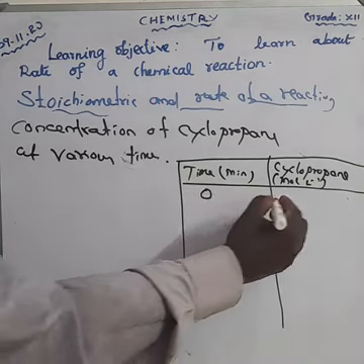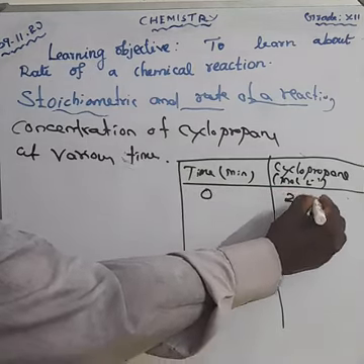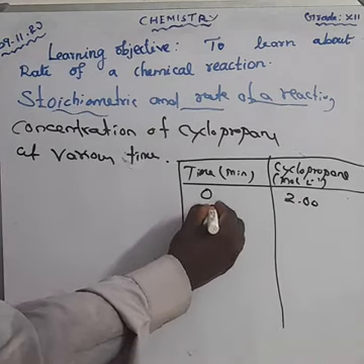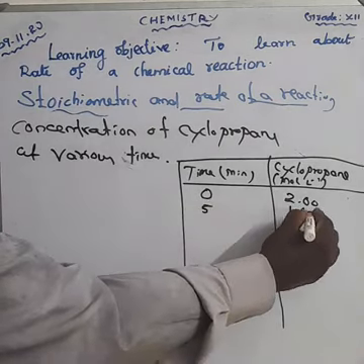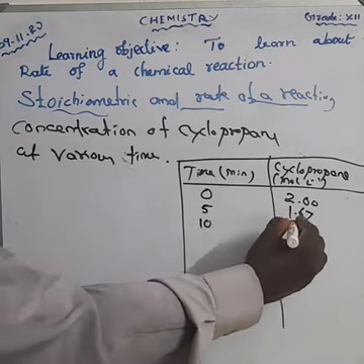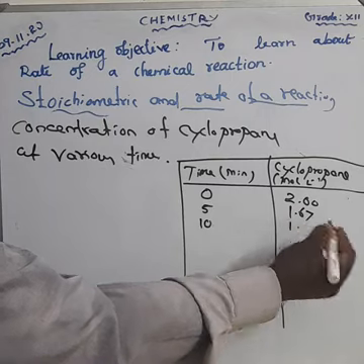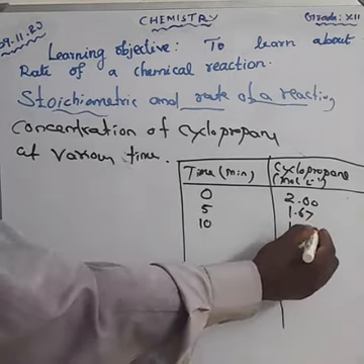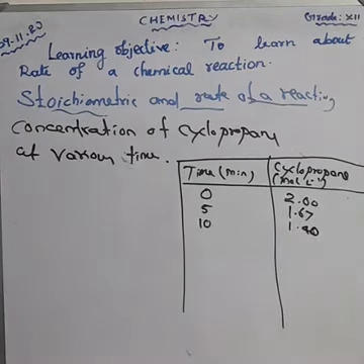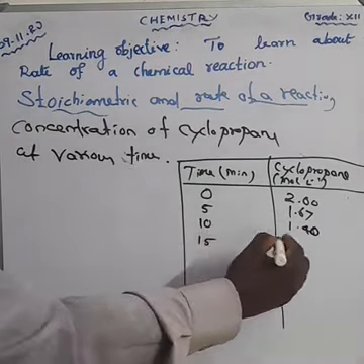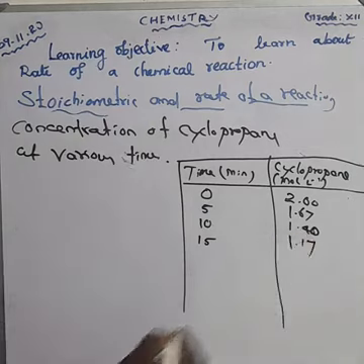At time 0, what is the value? 2.0. At time 5, the value is 1.67. At time 10, 1.40. At time 15, 1.17.